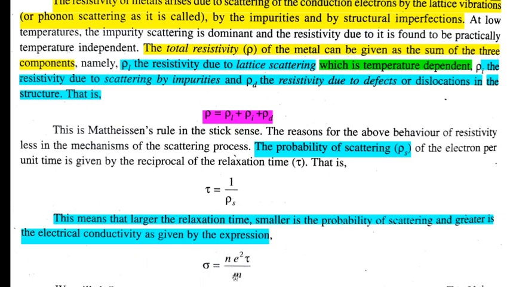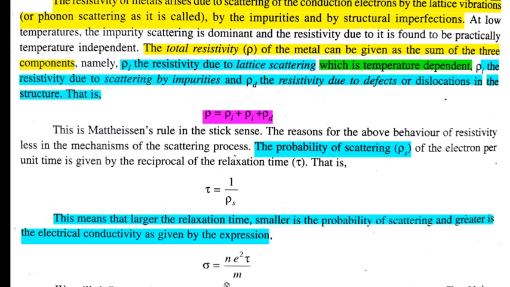This m could ideally be m star, and as I told you in the last lectures, m star arises with the concept that when your conducting electron passes near the vicinity of a host ion, its velocity changes, and the change of this velocity mimics a variation in the mass.